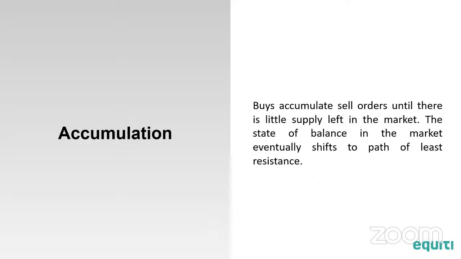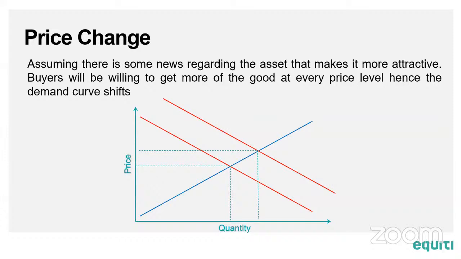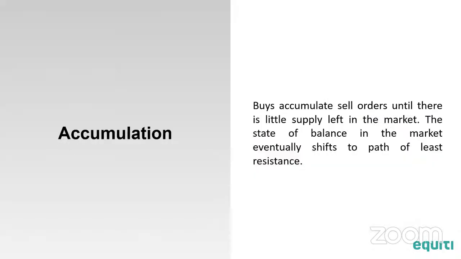And when buyers overwhelm sellers, the market is no longer at equilibrium because there is nobody to take the other side of the trade, which is the sell position. And if that happens, prices start moving slowly upwards, and we have this shift that you are talking about over here.